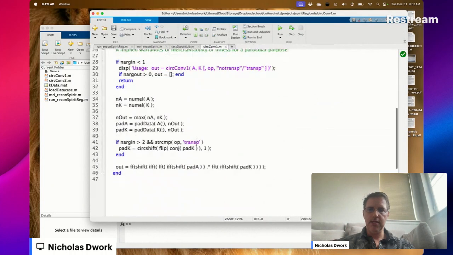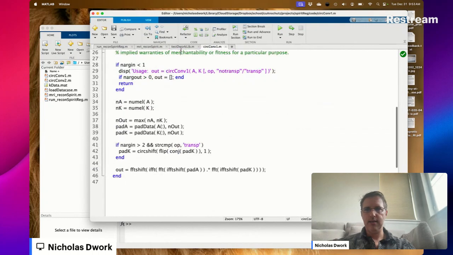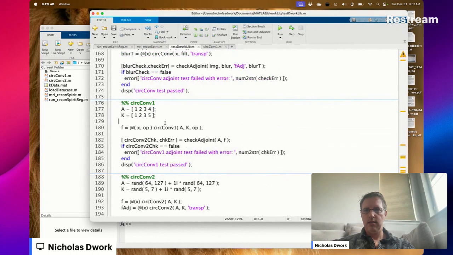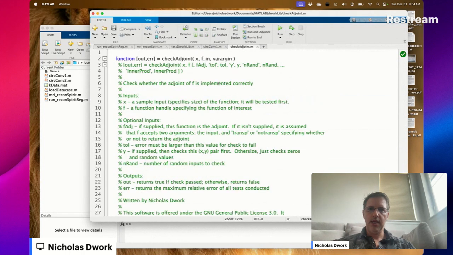These values are real, so conjugate's not doing anything. We don't have to worry about that. Check adjoint.